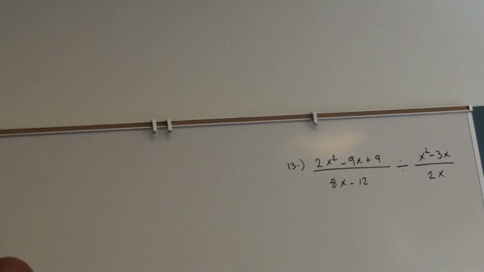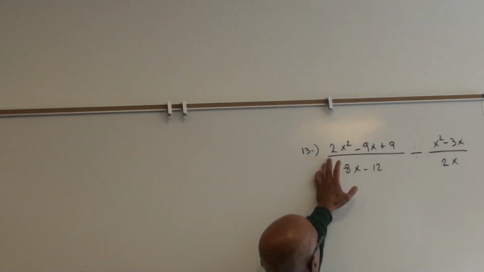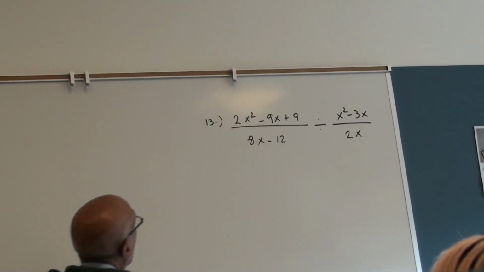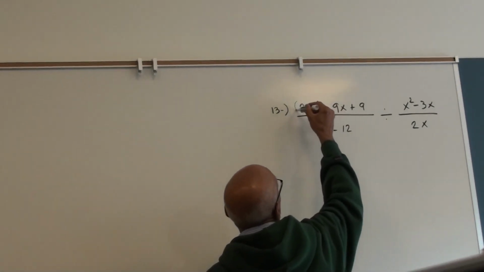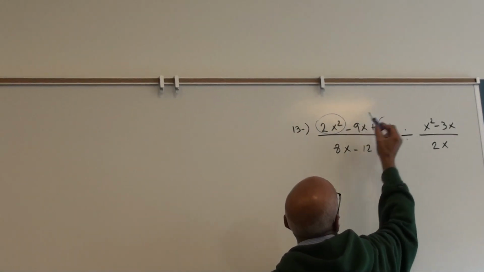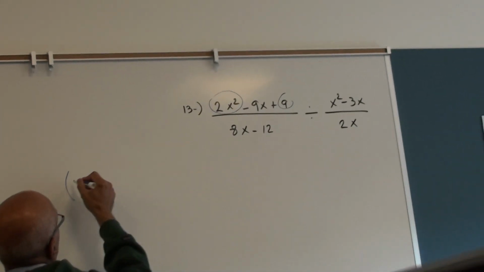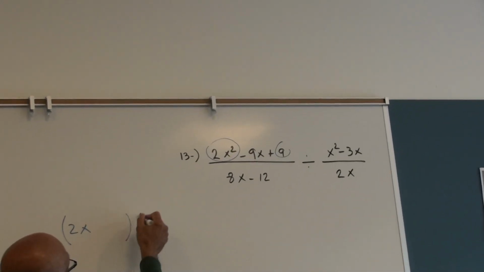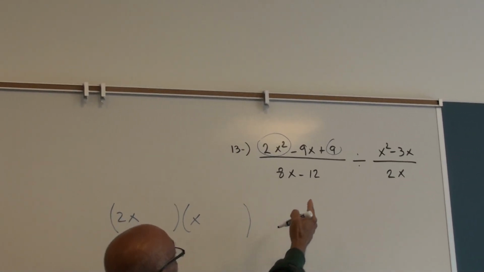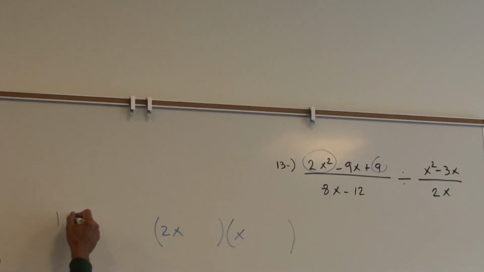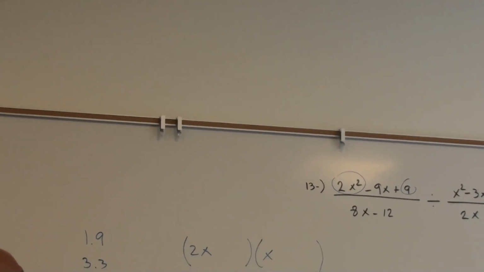Okay? How can I factor this? Is there any way to factor this? So look at this and this, right? This is the product of the first two. So maybe it's 2x and x here. And the other one looks like it's the product of maybe 1 and 9 or 3 and 3, okay?